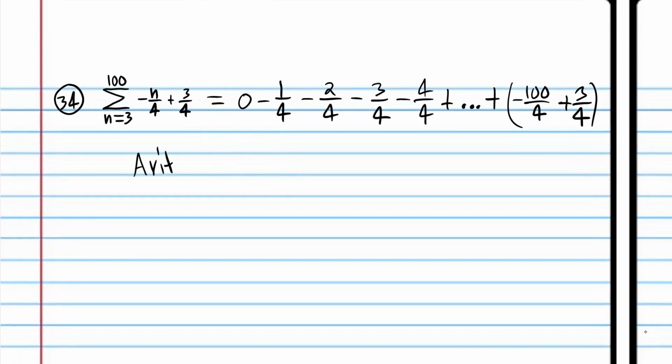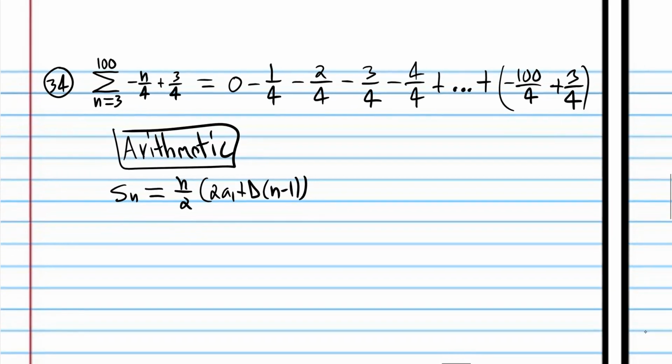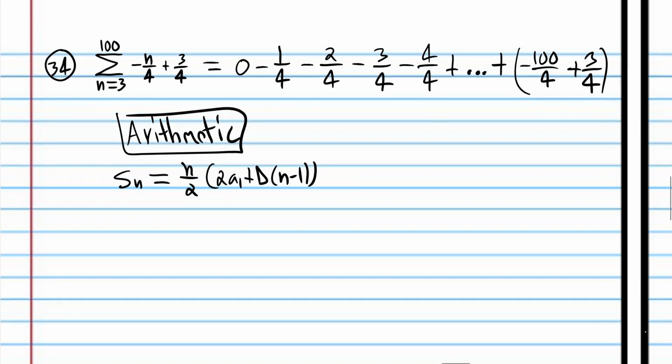So obviously this is arithmetic. And we'll use our formula. So the question is, what is n going to be? Well, if we consider 0 to be the first term, if n equaled 1, we'd have 100 terms.